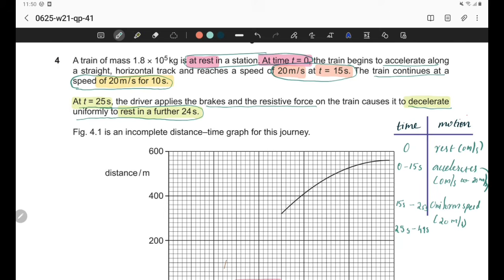The train decelerates and it stops. So at the 25th second the speed was 20 meter per second, then it stops at 0 meter per second. So during the last 24 seconds the train is decelerating. So basically 4 different types of motion are happening for the train.